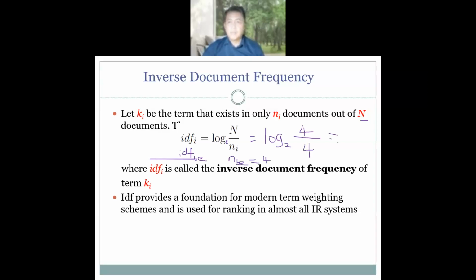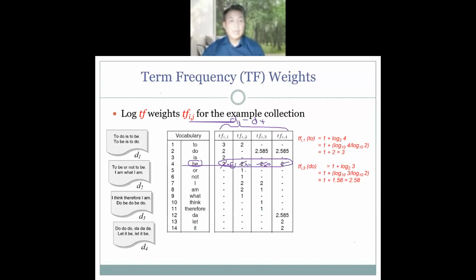So log 2 of 4 over 4, which is log 2 of 1, is equal to 0. So the IDF for the word B will be 0. That's how we can multiply this with 0.